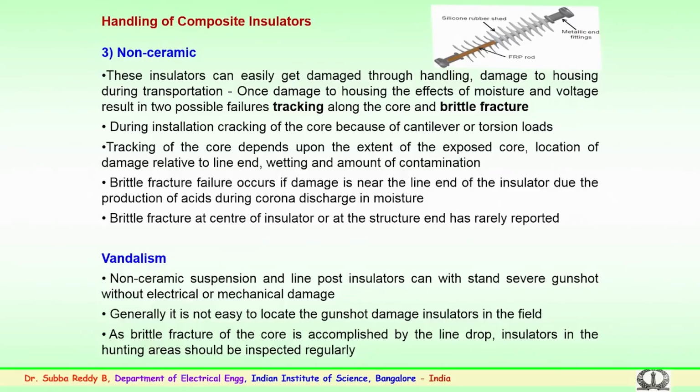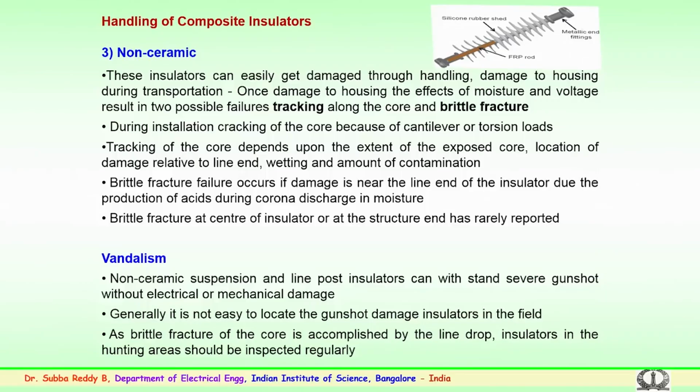So, during installation there are reports of cracking of the core because of the cantilever or torsional loading of the insulators. Tracking of core again depends on the extent of the core which is exposed, the location of the damage relative to line end, wetting, and also amount of the local environmental pollution or contamination which exists at that place.